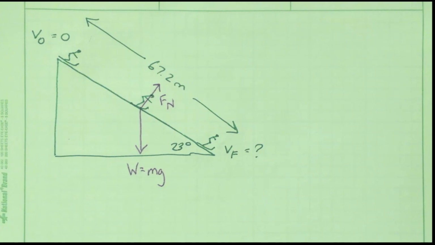There is no friction force, there is no applied force. These are the only two forces that are acting on the snowboarder. So we've drawn a diagram with all the information we're given, and we've drawn the two forces that are acting on the snowboarder.